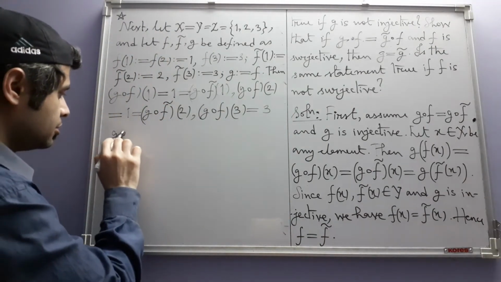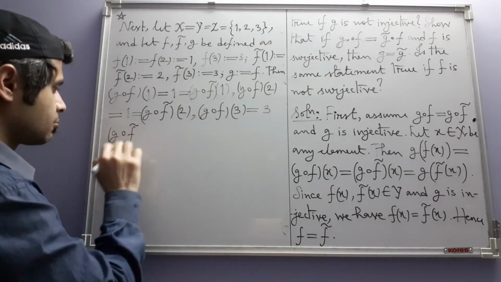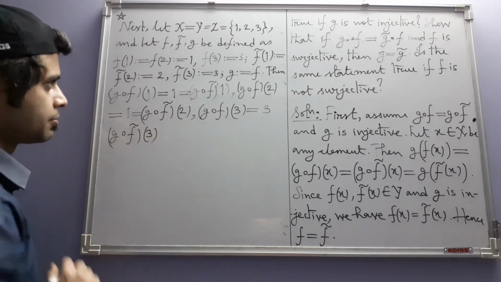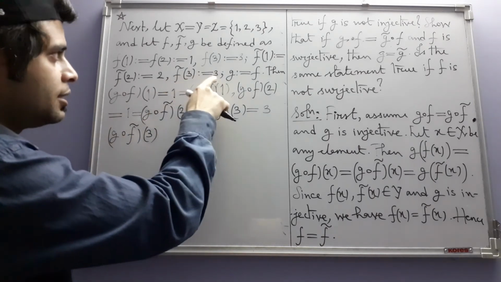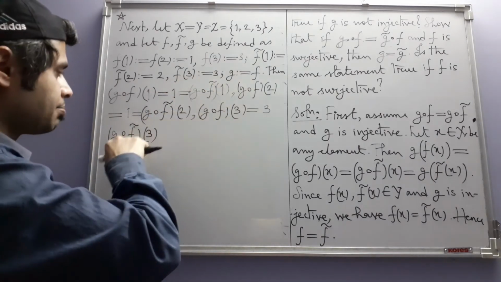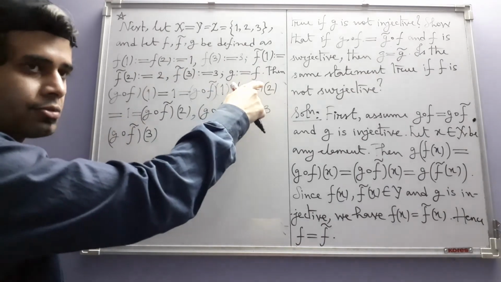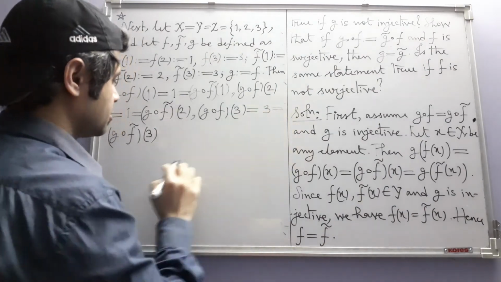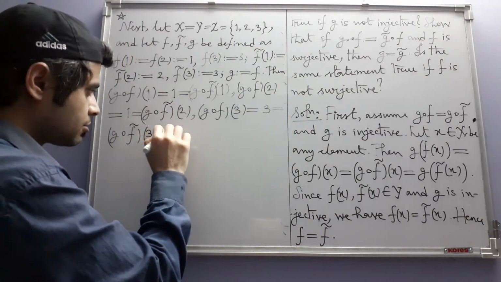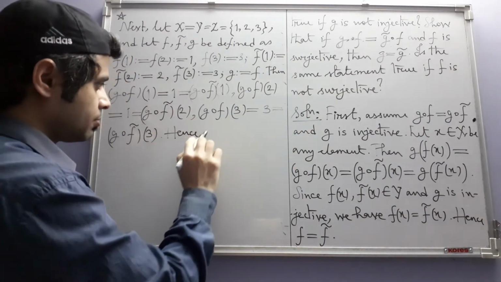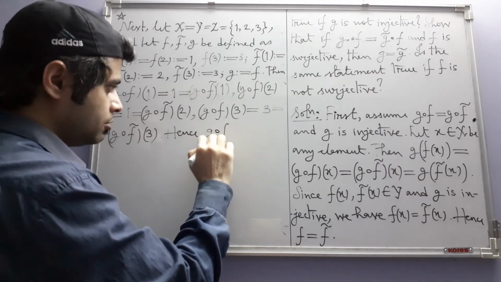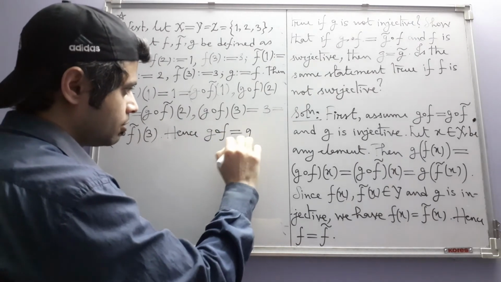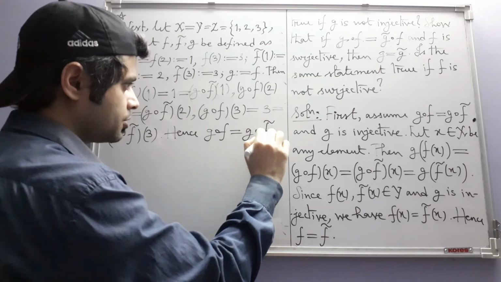And what about this? f tilde of 3 is also 3. On that we are applying g, which is nothing but f. So f of 3 is 3. So this is also equal to this. Hence, g composition f is equal to g composition f tilde.